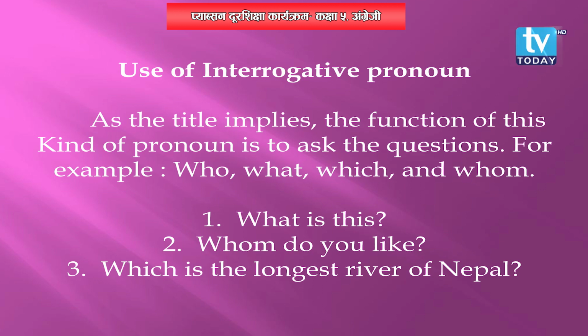The next one is: which is the longest river of Nepal? So these are the ways we use the interrogative pronoun in question form to ask questions. What indicates the things, who indicates the person, and which also most of the time indicates the things and other different naming words.